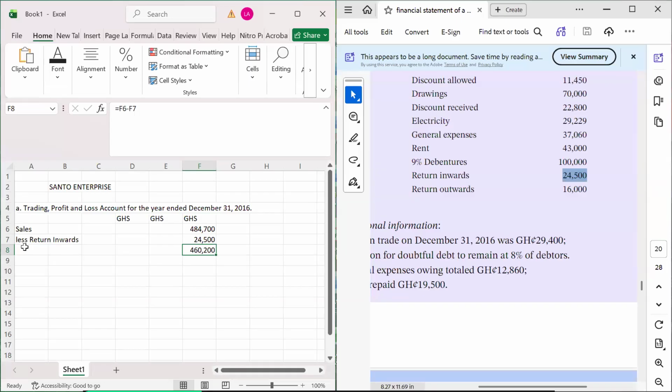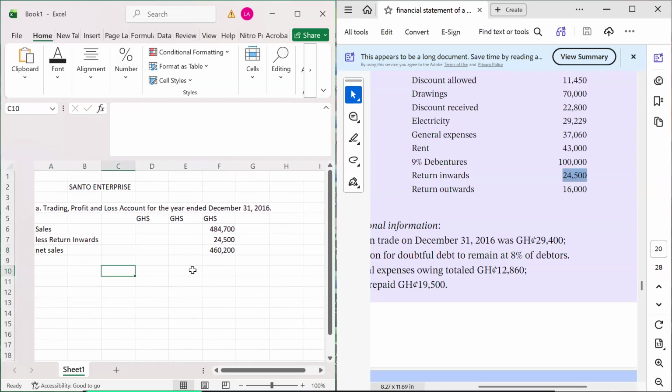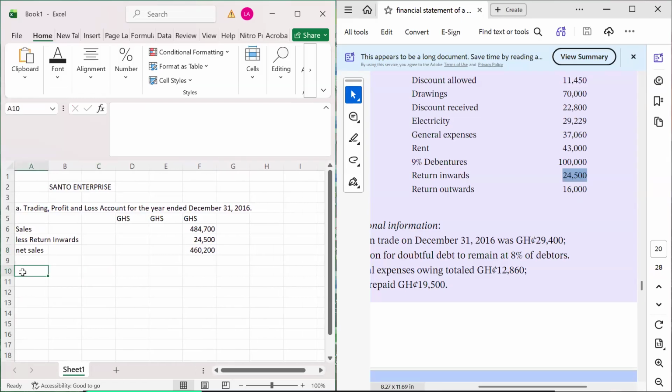So it gives us the net sales. Now, after getting net sales, the next thing is that we less cost of sales. And how do we calculate cost of sales?